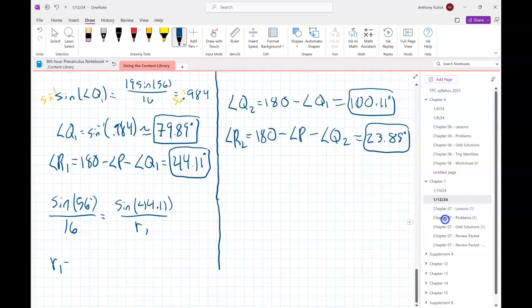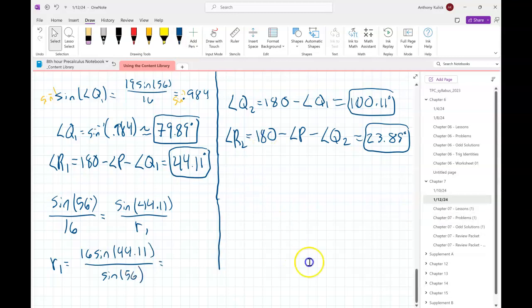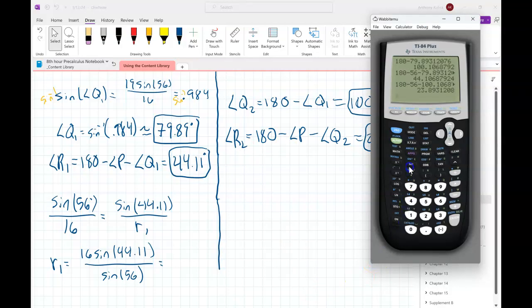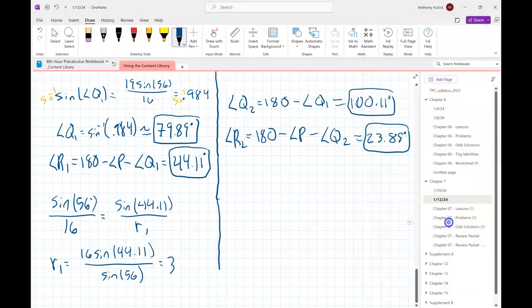I'm going to cross multiply and divide. Now that I have that written out, I'm going to go to my calculator and type it in. 16 sine 44.11 divided by sine 56. So that gives me about 13.43.